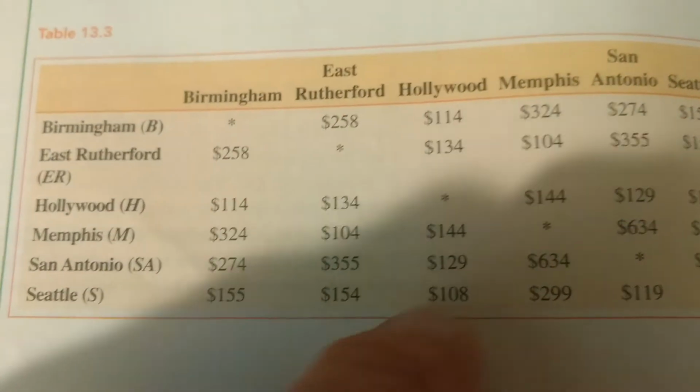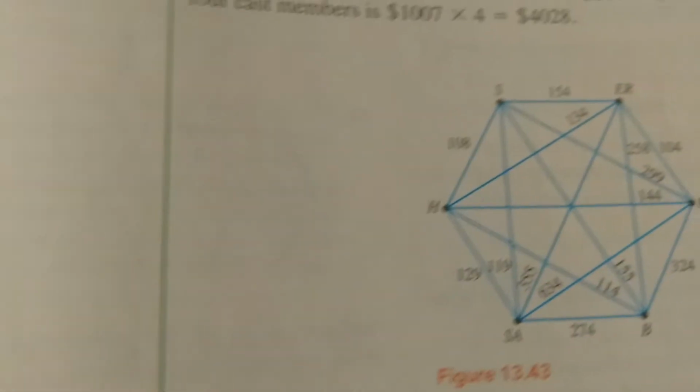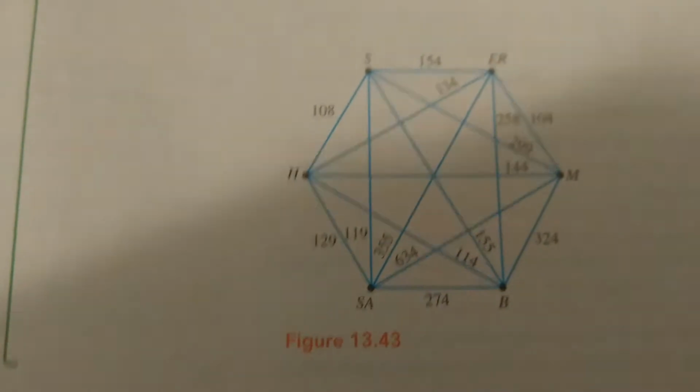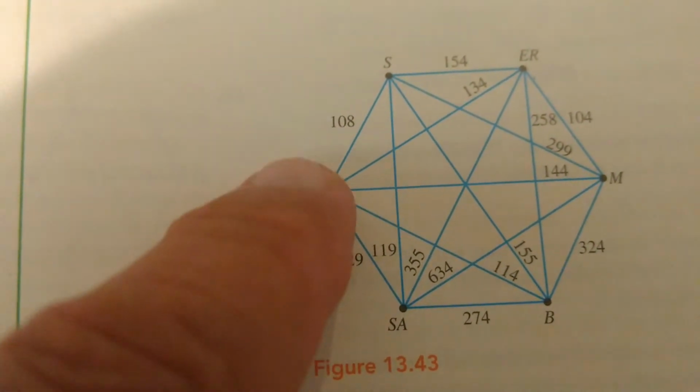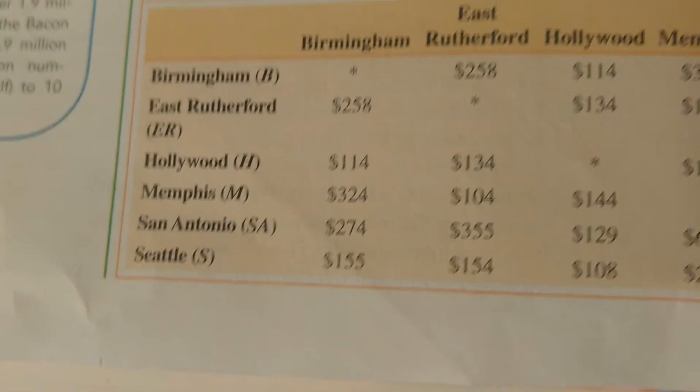So here's the cost of them. And if you'll remember from that problem, we came up with this complete graph. So now what we've done is we've gone ahead and just listed the weights of the lines. And so that's what all these numbers represent from this table.